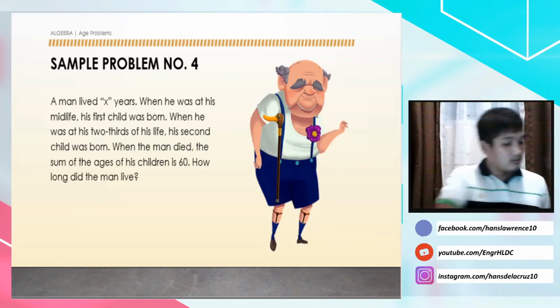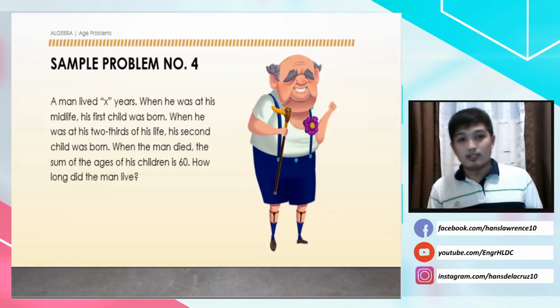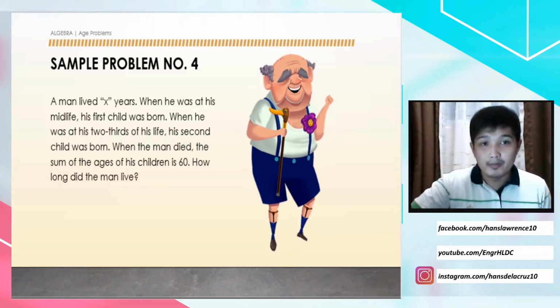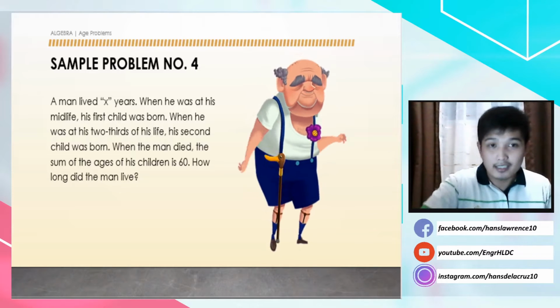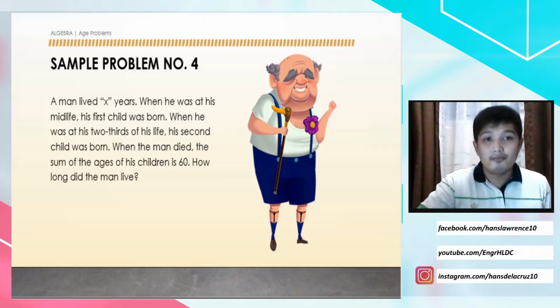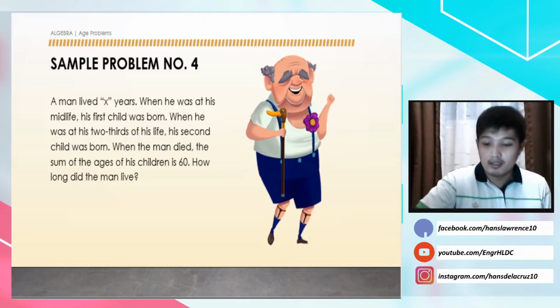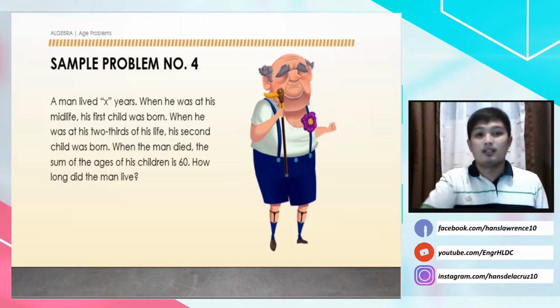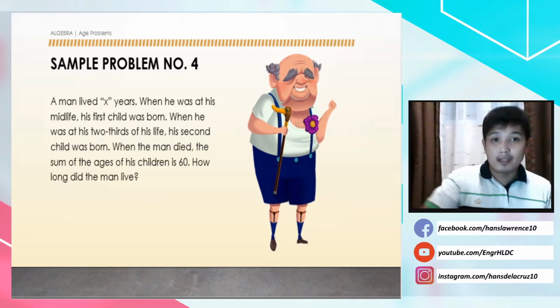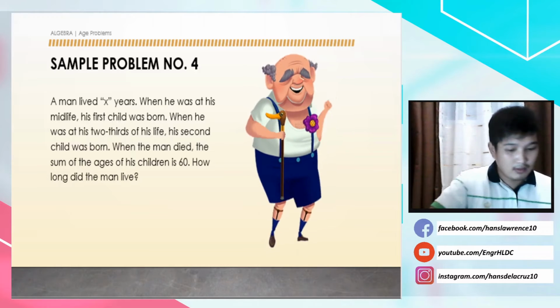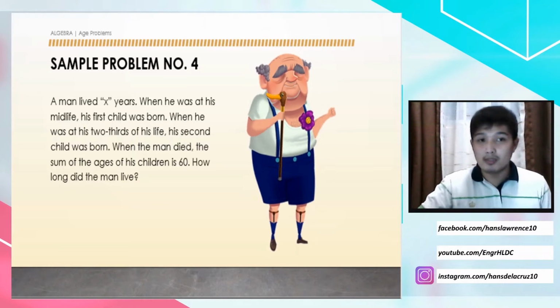So, okay. So sabi, a man lived 8 x years, no? A man lived x years. So when he was at his midlife, so therefore that is x over 2, his first child was born. So nung nasa kalahatian na siya, pinanganak daw yung unang baby niya.